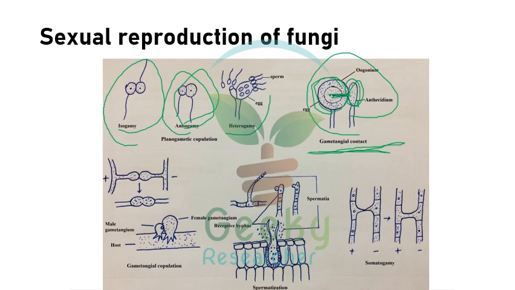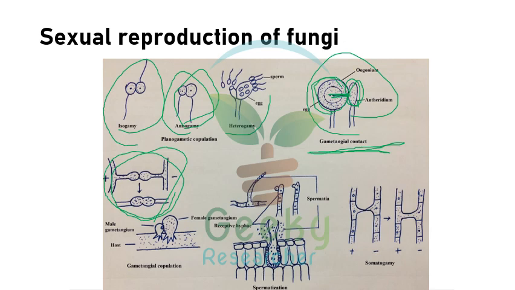Coming to the next one is gametangy, otherwise called gametangial copulation. Again in gametangial copulation, three types will be there: hologamy, direct fusion, and anisogamy.